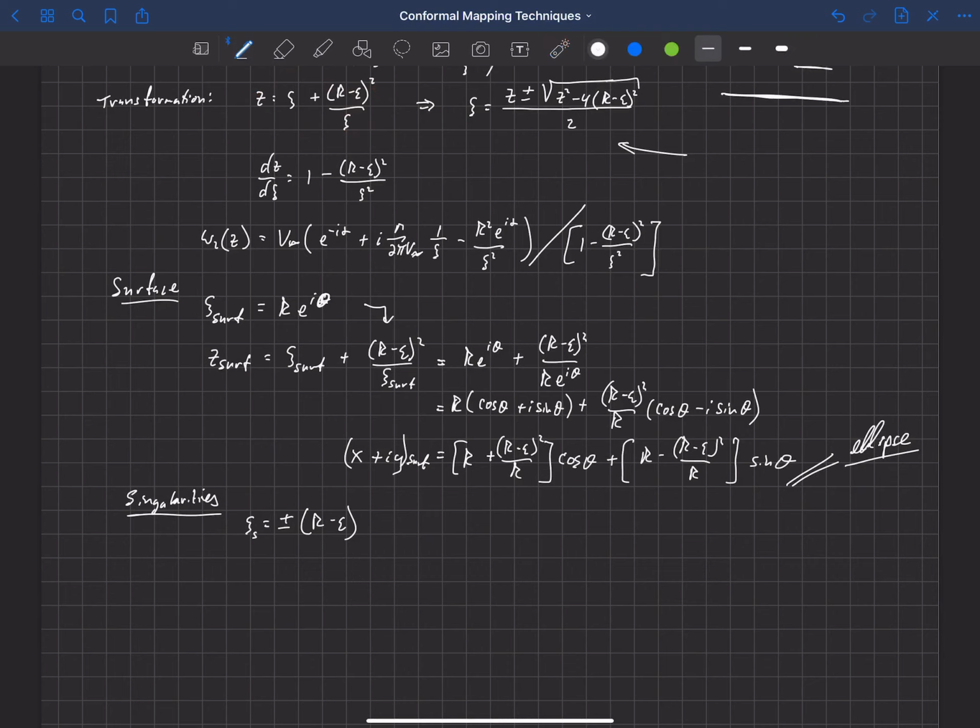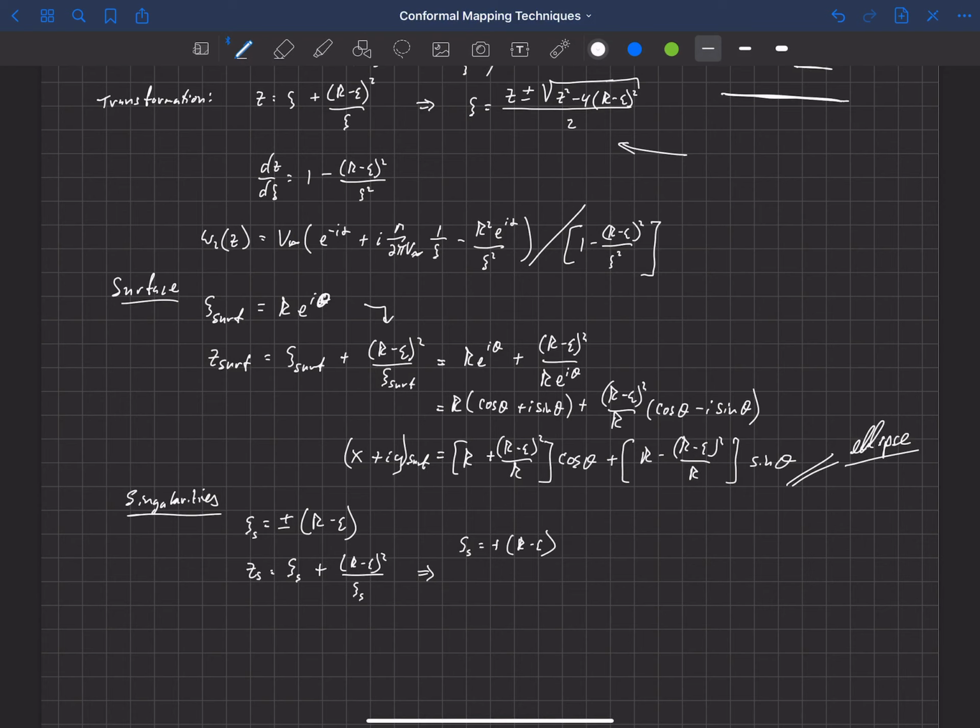So our z singularities are going to be equal to our zeta singularities plus r minus epsilon squared over zeta singularity. Okay, so let's plug in our first one, where zeta s is equal to plus r minus epsilon.